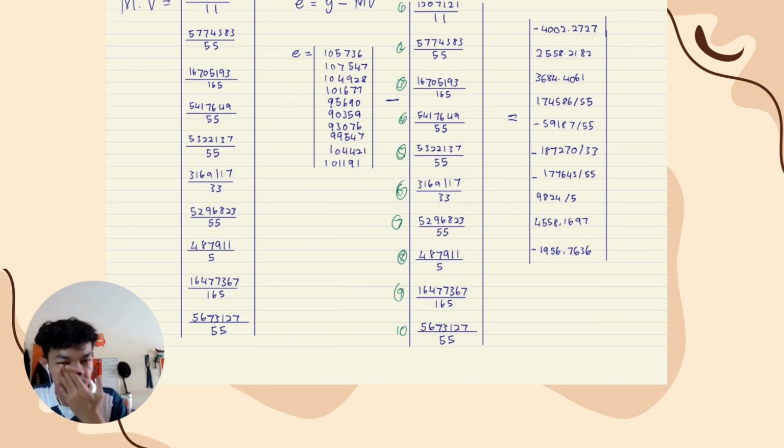Therefore, our error is negative 4002.277, 2558.2182, 3684.4061, 174586 over 55, negative 59187 over 55, negative 187270 over 33, negative 177643 over 55, 6824 over 5, 4558.1697, and lastly negative 1956.7636.